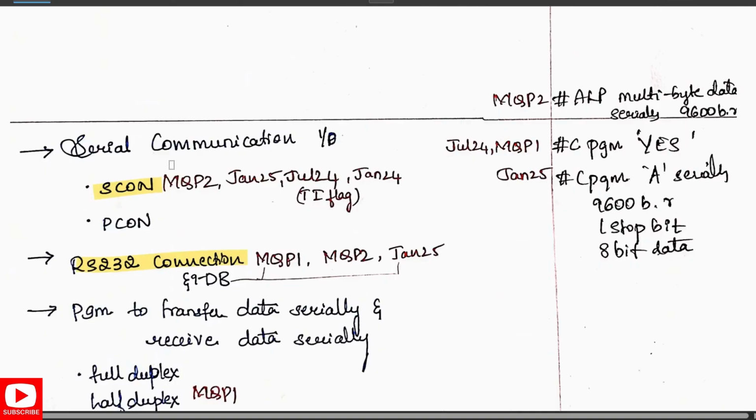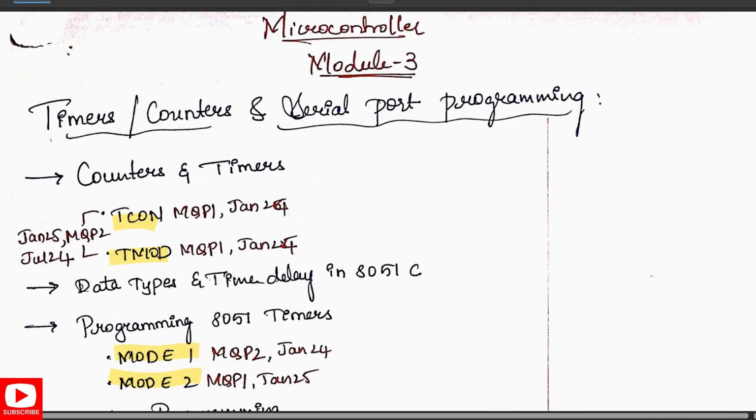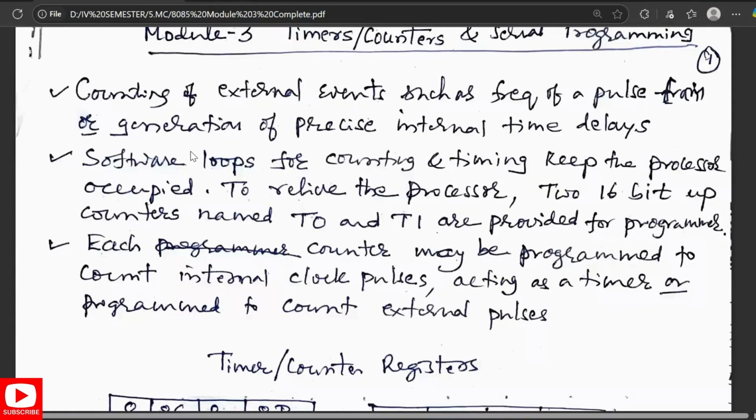One is to get the S, and another one is to get A serially, and the ALP program for multi-byte data serially using a 9600 baud rate. So that was in model question paper 2. So this is how the important concepts are. So let's get started.